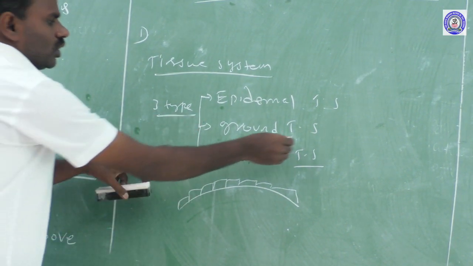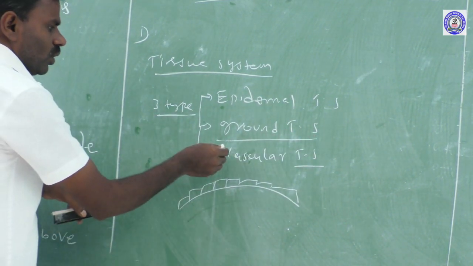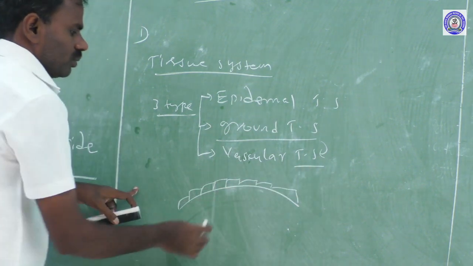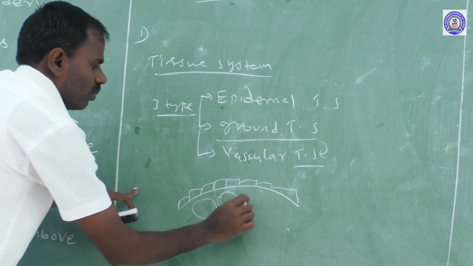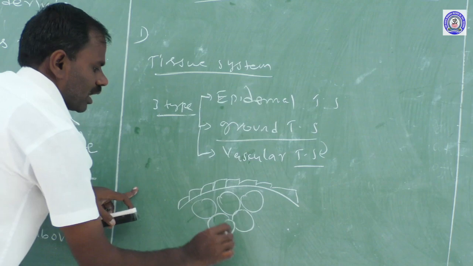The second tissue system is called the ground tissue system. The ground tissue is connected to the vascular tissue system. The ground tissue is fully made up of homogeneous parenchymal tissue.